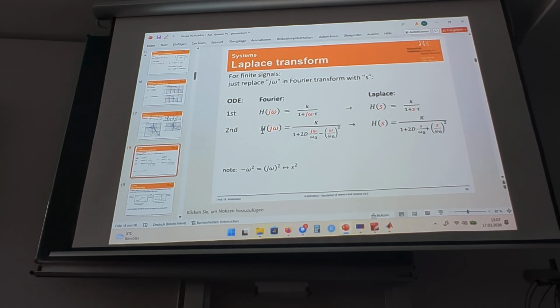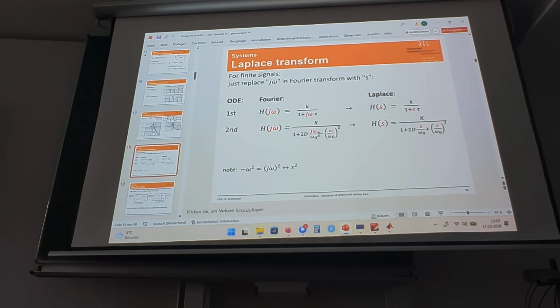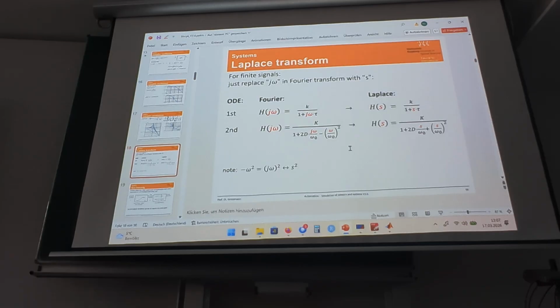One point where we have to be careful. Here is a minus omega squared, and we know that actually this means it's j omega squared, but it was here, so this was here a plus j omega squared. Plus.